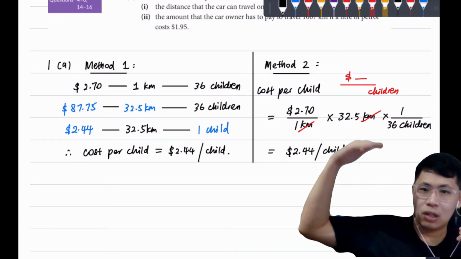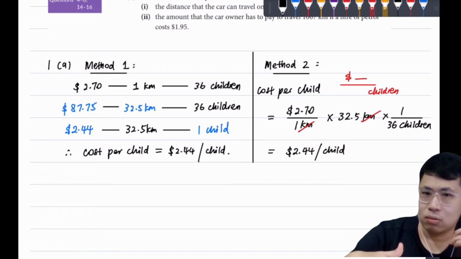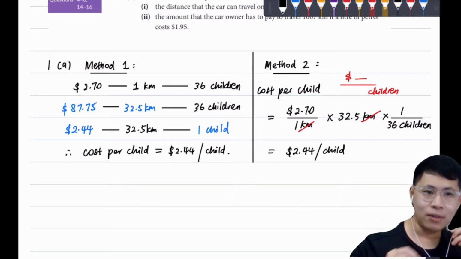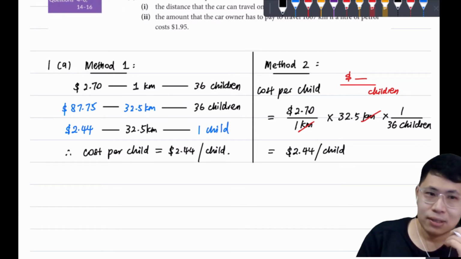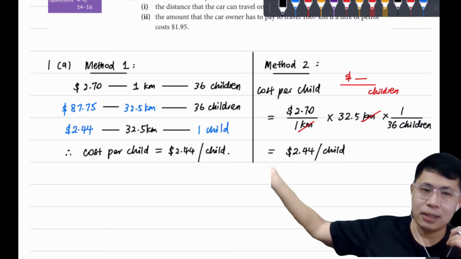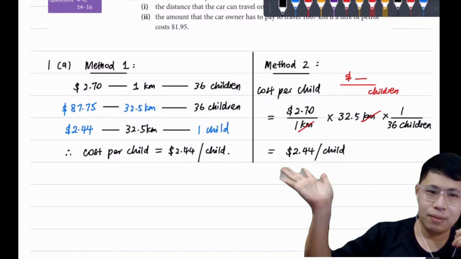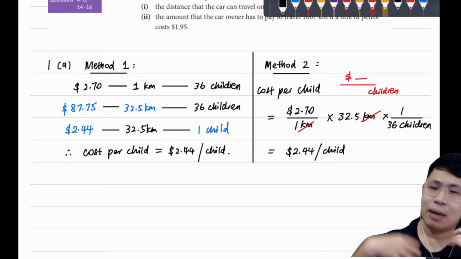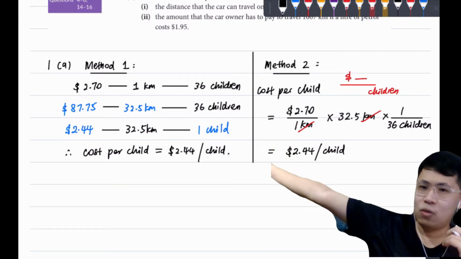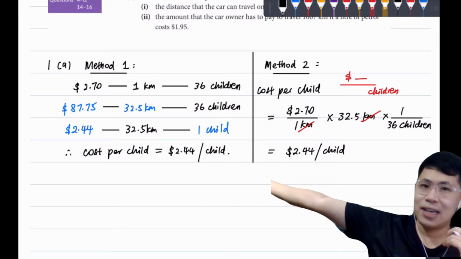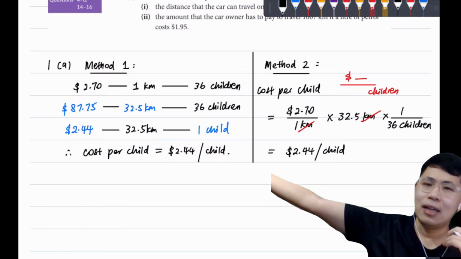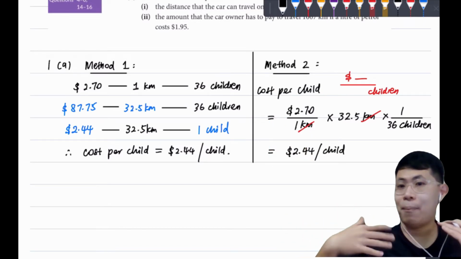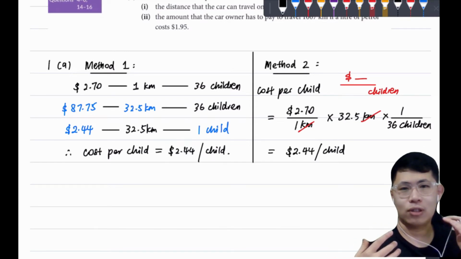And we are going to get dollar on top and the number of children below to get our cost per child. This is how it works in the unitary method or the chain multiplication method. So for this, I'm going to recommend method 1 instead. It's going to be familiar from primary school, and when you juggle, you just need to make sure to juggle pair by pair, so that you are not lost.